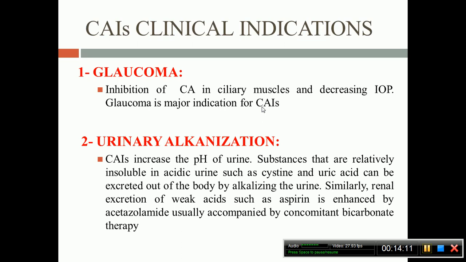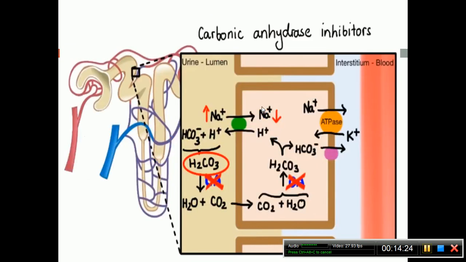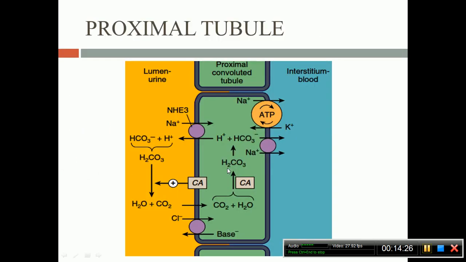To make the urine alkaline, bicarbonate ion is an important ion for alkalinizing any medium. So once these block carbonic anhydrase, bicarbonate ion remains on this side.